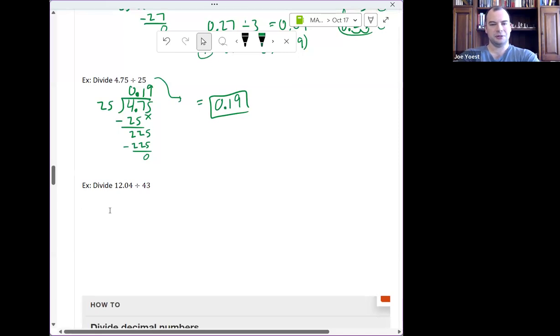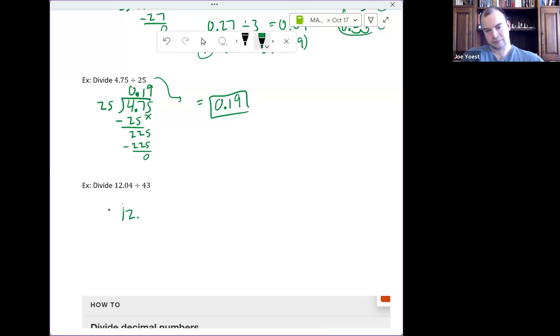What about something like this? 12.04, or 12 and 4 hundredths, divided by 43. So does 43 go into 1? No, it doesn't. Or you could say it goes in 0 times. Does 43 go into 12? It goes in 0 times.